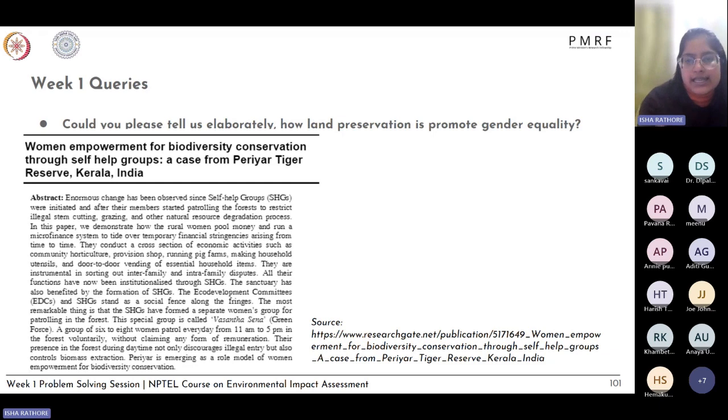So this is a case study if you want to read further on how land preservation can promote gender equality. This is a very interesting case which you can read. I will put this presentation in the shared folder so you can access and read through the source which is given. Okay, moving on.